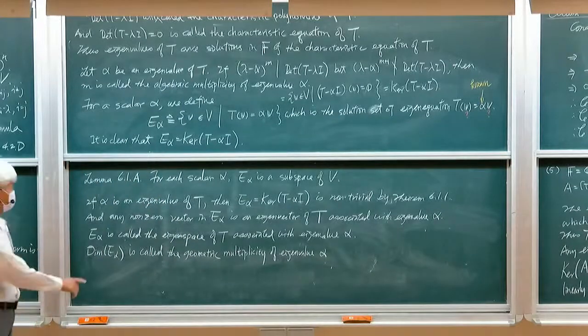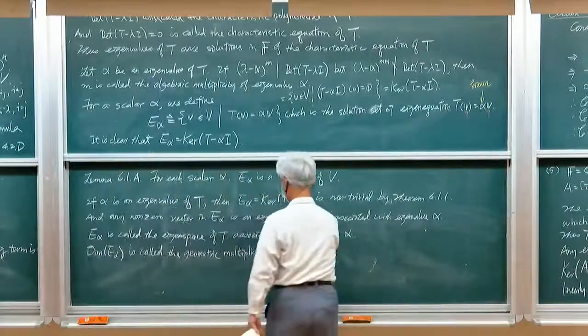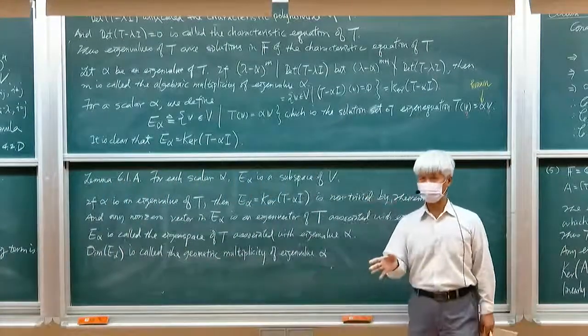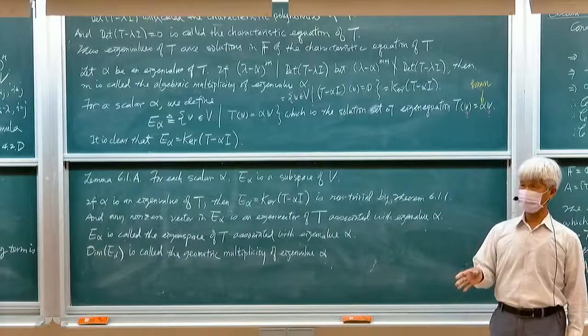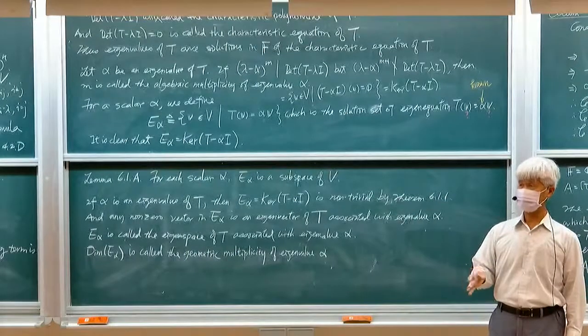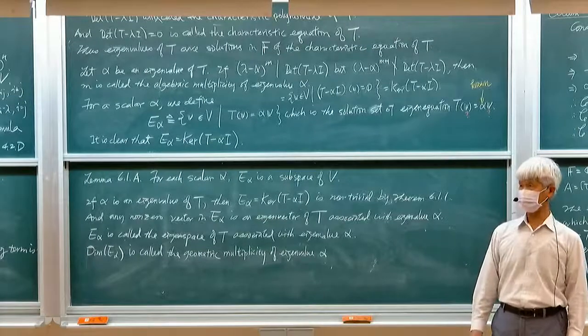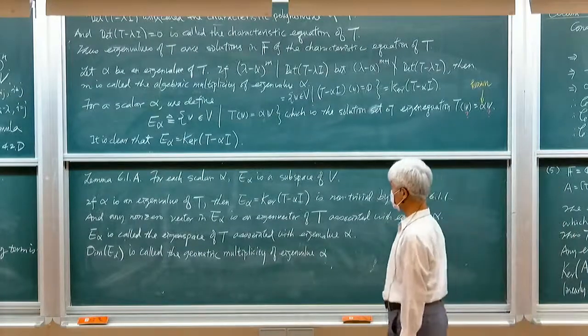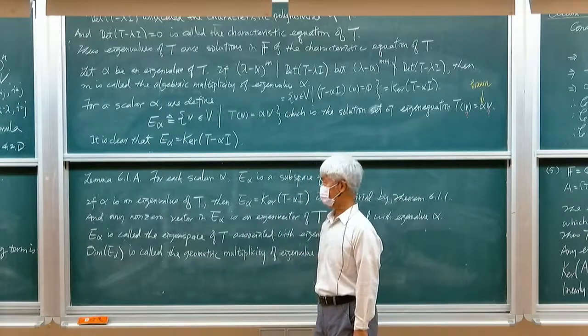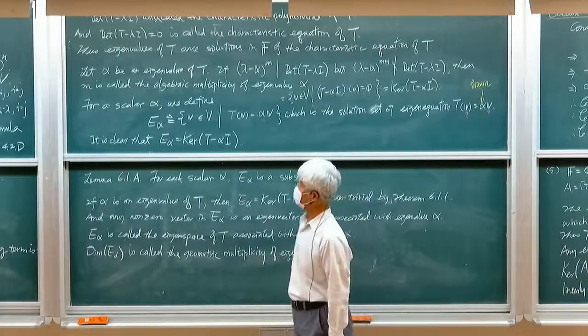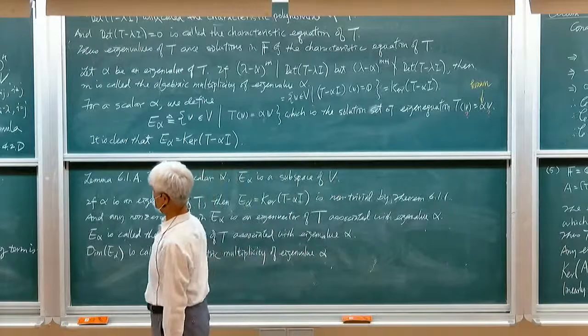So geometric multiplicity is directly related to the diagonalization of a linear operator. It's a very important concept. Algebraic multiplicity is easy.